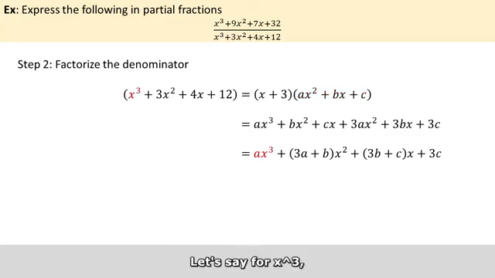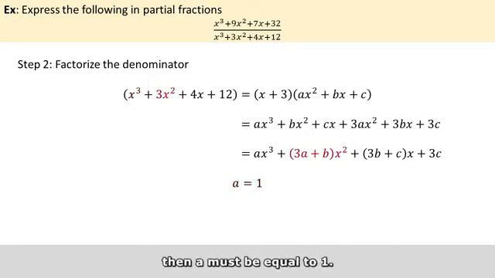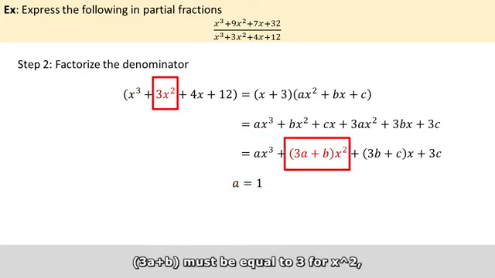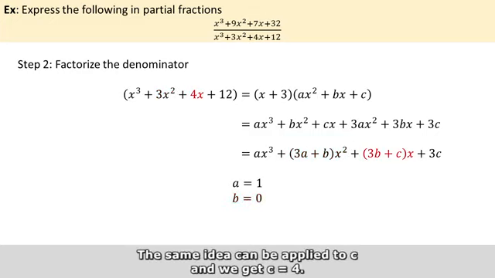So let's say for x cubed, because its coefficient is 1, and here the coefficient is a, then a must be equal to 1. Moving on to the next variable, 3a plus b must be equal to 3 for x squared. So we get b equals 0 in this case. And then the same idea can be applied for c, and we get c equals 4.